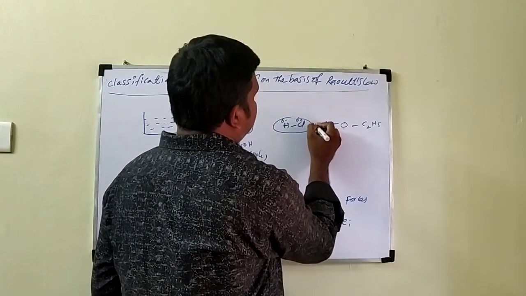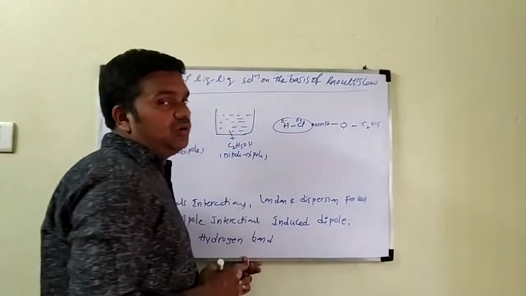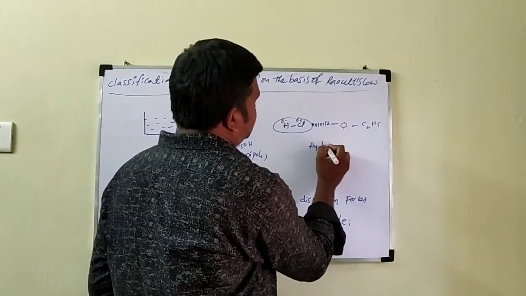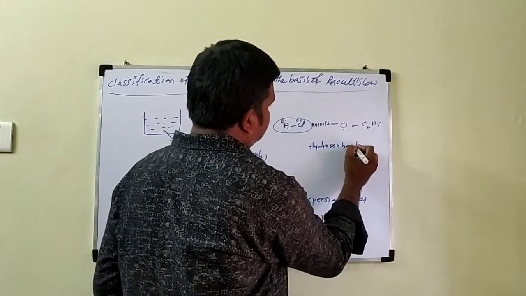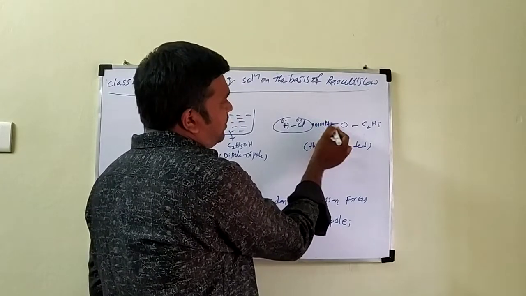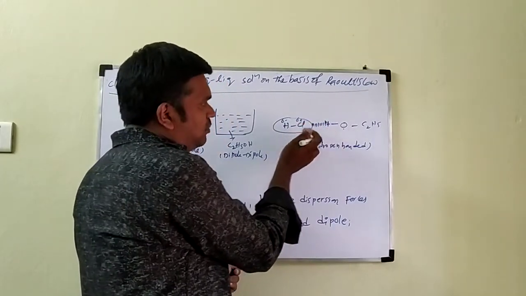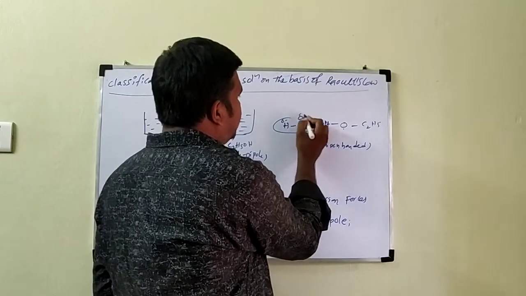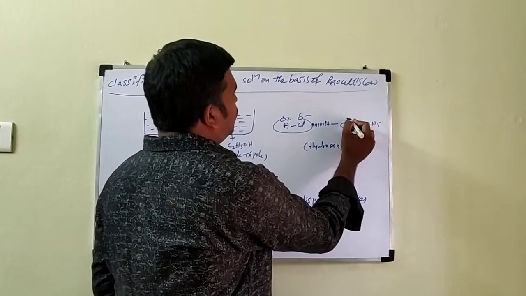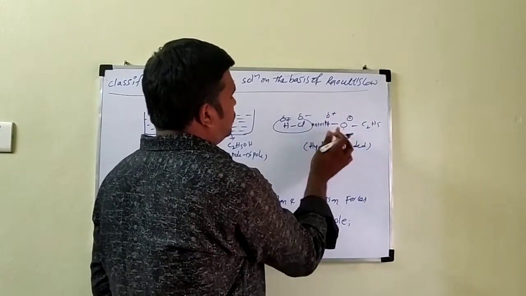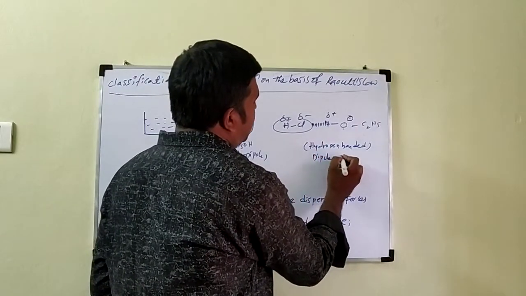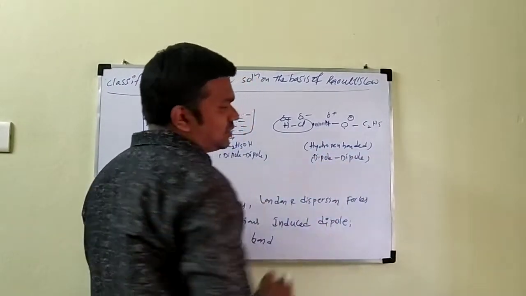Now you can see there is a chance to form dipole forces, or you can say hydrogen bonded forces. Hydrogen gets a partially positive charge, chlorine gets a partially negative charge, and here you get O minus and H plus. So these are dipole, or you can say hydrogen bonded forces.